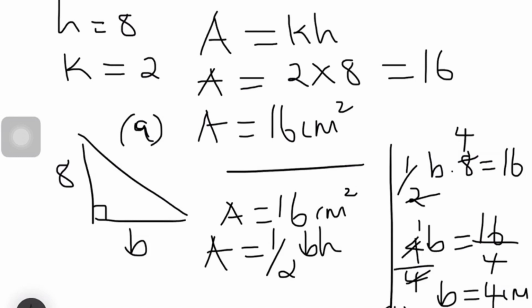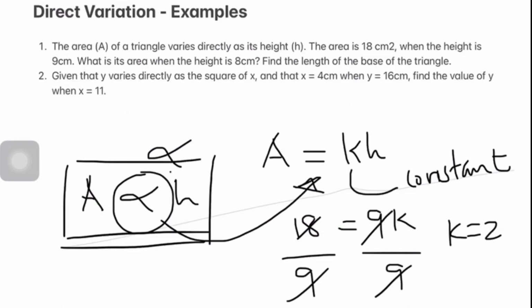So our question 2 reads, given that y varies directly as the square of x, and that x is equal to 4 centimeters when y is equal to 16 centimeters, find the value of y when x is equal to 11.